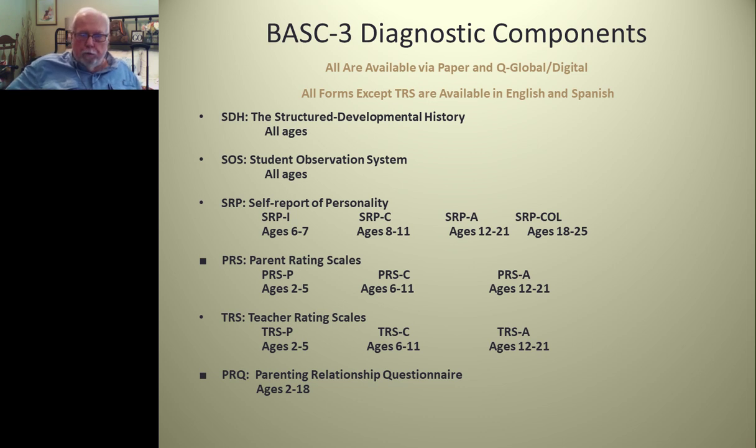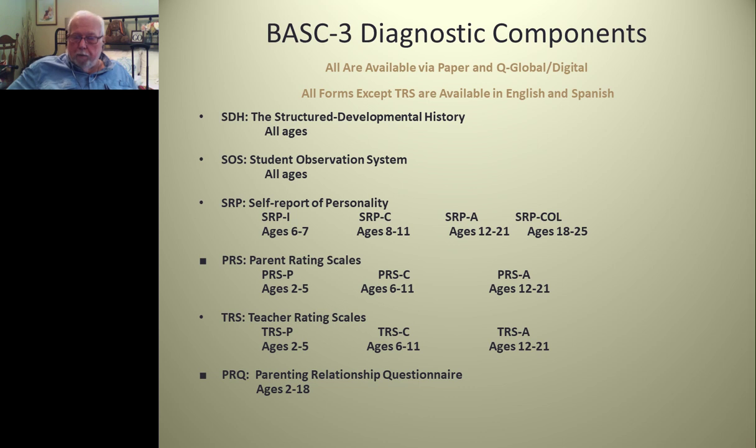The self-reported personality, for which we have 4 versions: the SRP interview for 6 and 7, the SRP child for 8 to 11, adolescent for 12 to 21, and college for 18 to 25. And just as a quick reminder, the 19, 20, and 21-year-olds for the SRP-A are all still in school.